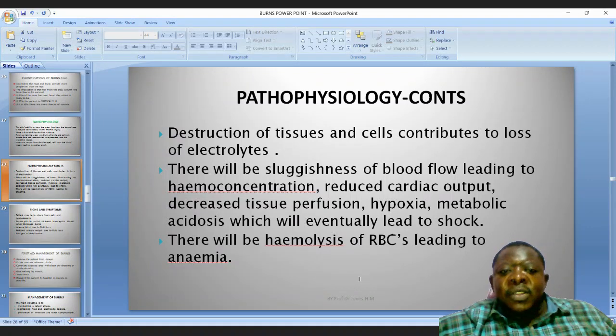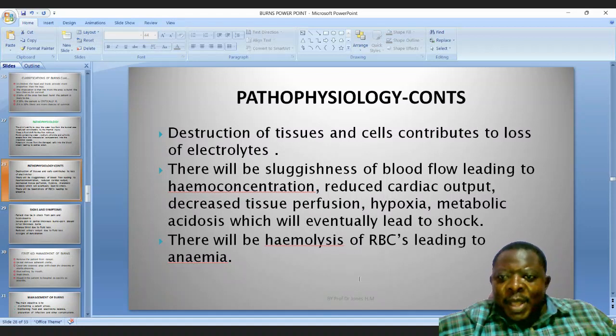This will lead to hemoconcentration and reduced cardiac output. It will lead to decreased tissue perfusion, may cause hypoxia, may also bring metabolic acidosis, which eventually will lead to shock.